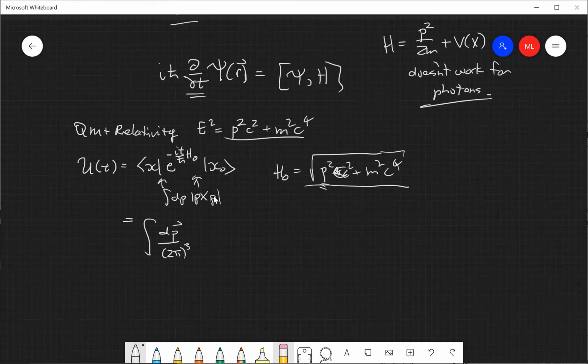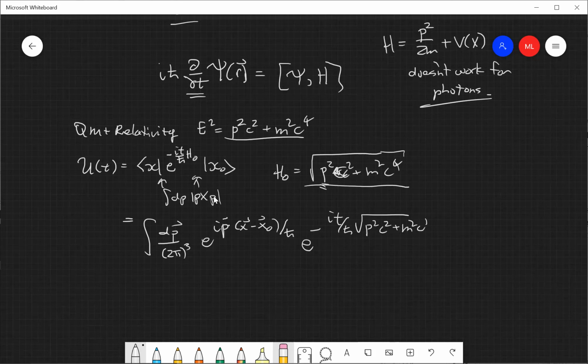You'd have the wave functions associated with the free particle, which are the plane waves, so you have e to the i p dot x minus x naught over h bar. That's just from these guys. Then you have the part that comes from the Hamiltonian, e to the minus i t over h bar times the square root of p squared c squared plus m squared c to the fourth.